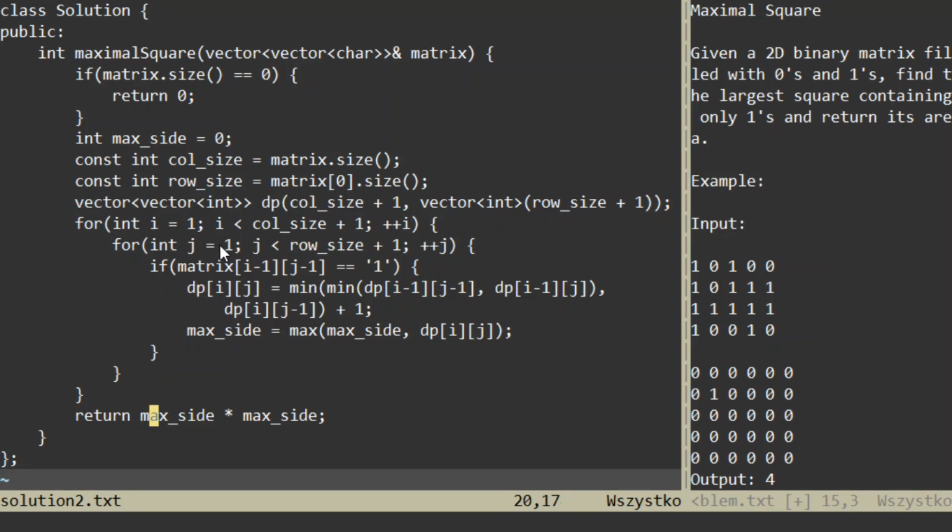Next, first we go through the row, and in one row the next one. So here is 0, so we do nothing.